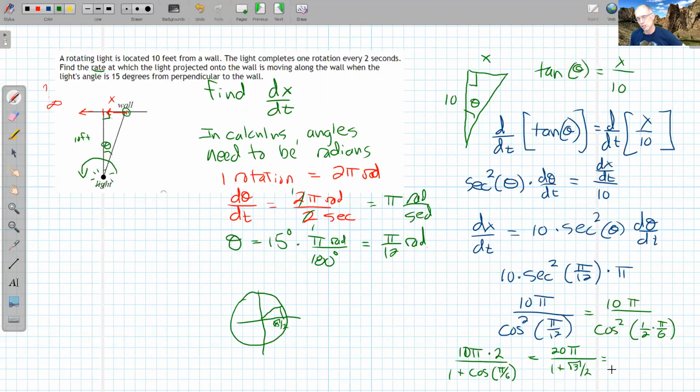Multiply top and bottom by 2. I really don't want to rationalize the denominator there, so I could say it's 40 pi over 2 plus the square root of 3. So let's test to see if I did that right by plugging this into the calculator. The unsimplified version with the mostly simplified version right there.